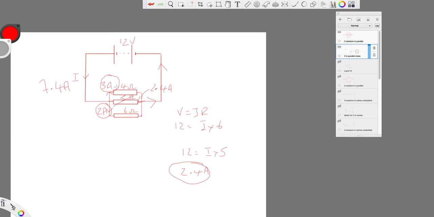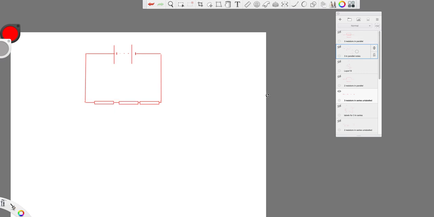In my series circuit, the PD across my resistors in series. If we look at our 3 resistors in series again, the PD across this one, plus this one, plus this one gives me the PD across the supply. So if they were all the same, each of those would have 1/3 of the supply PD.